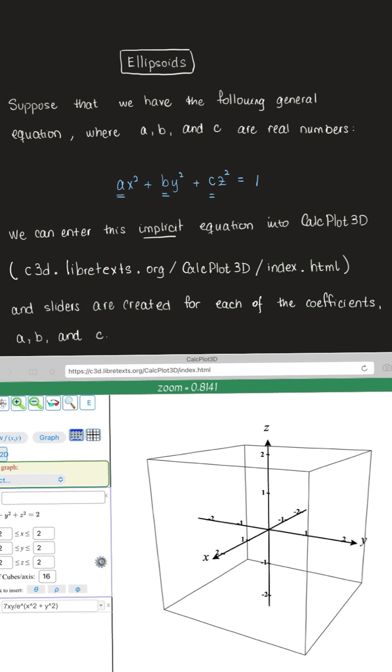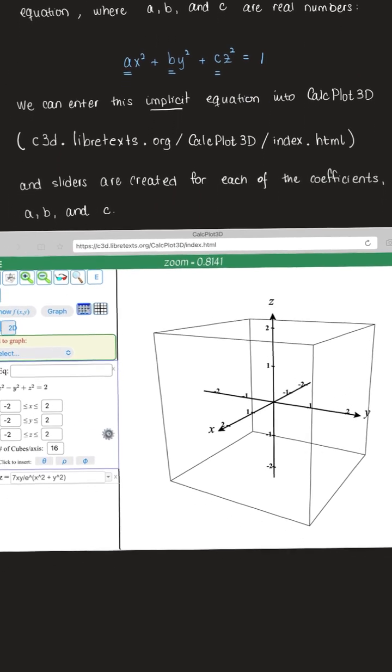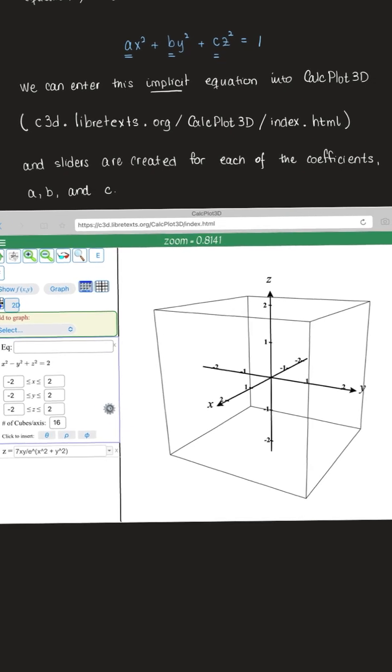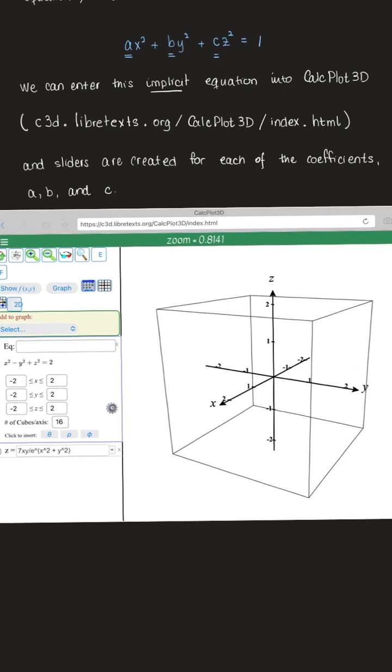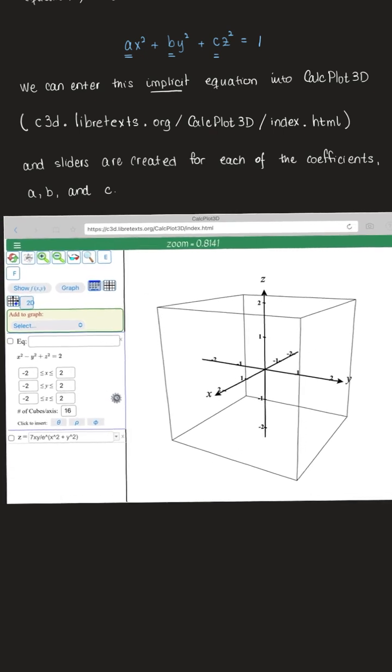This is the CalcPlot3D application, and I'm going to go to the Add to Graph tab on the left and select an implicit equation. You can see we get a big list, implicit surface.